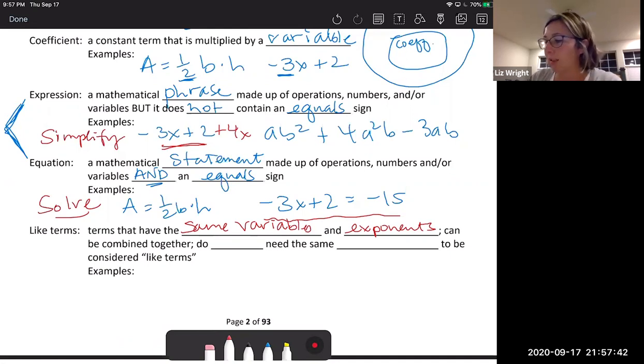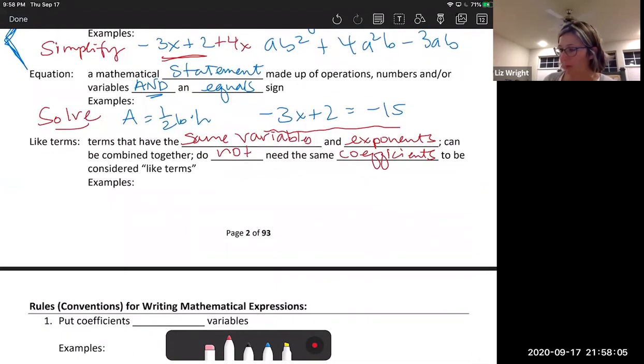They do not need the same coefficients in order to be considered like terms. So they do not need the same coefficients, but they do have to have the same exact variables raised to the same exact power in order to be considered like terms.